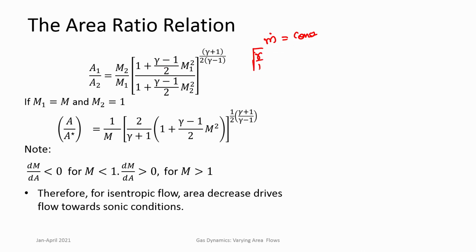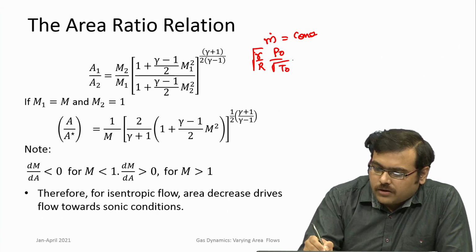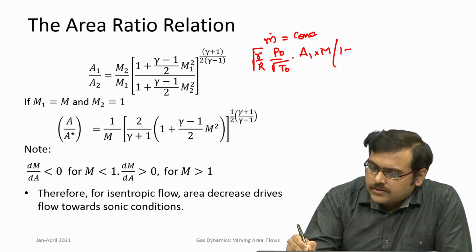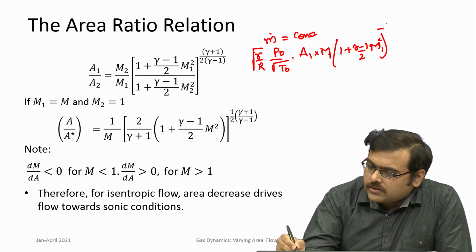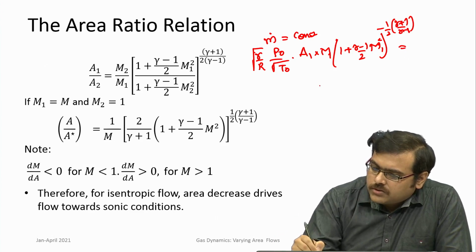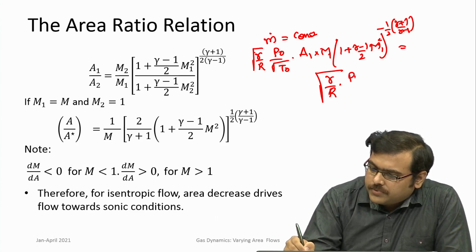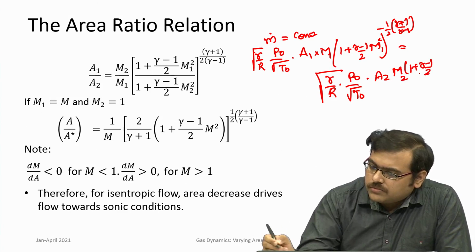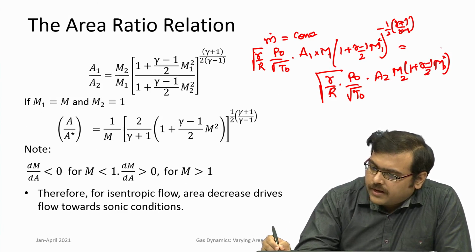So we get square root of gamma by R, P naught by square root of T naught, multiplied by A1 multiplied by M1, (1 plus (gamma minus 1) by 2 M1 square) raised to minus 1 by 2 (gamma plus 1) by (gamma minus 1), is equal to square root of gamma by R, P0 by square root of T0, A2, M2, (1 plus (gamma minus 1) by 2 M2 square) and the same power minus 1 by 2 (gamma plus 1) by (gamma minus 1).